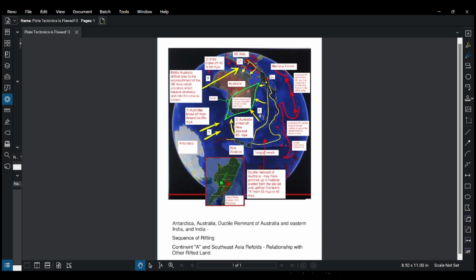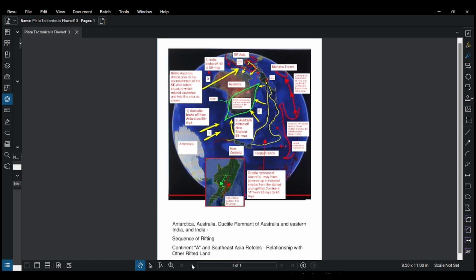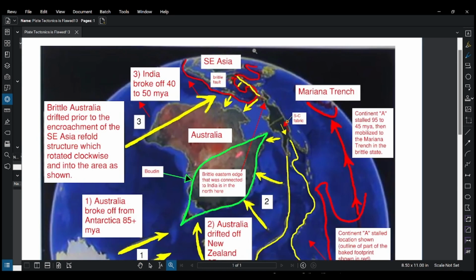Okay. If you look at the Southeast Asia refold up here on top, let me zero in on that. You can see that it actually encroached on the vicinity here. See this yellow line? That's the edge of the refold that is Antarctica, what became India and Australia.